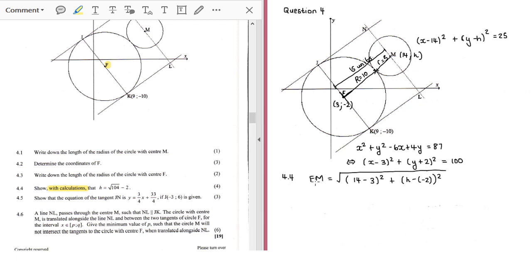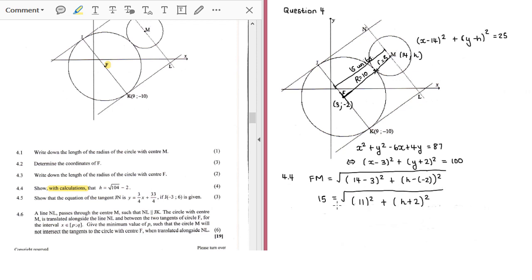As we determined, the distance FM is 15 units, and this equals the square root of 14 minus 3, which is 11, squared, plus (h plus 2) in brackets, still squared.